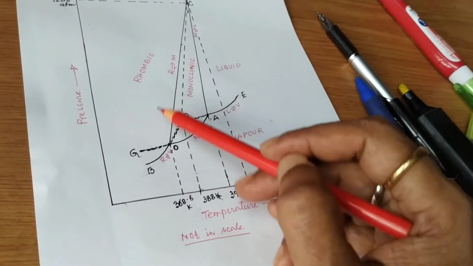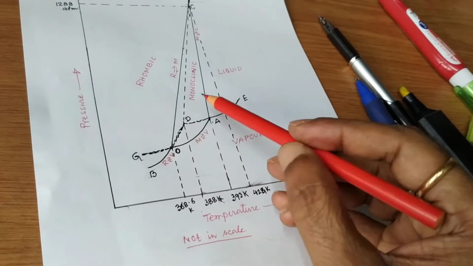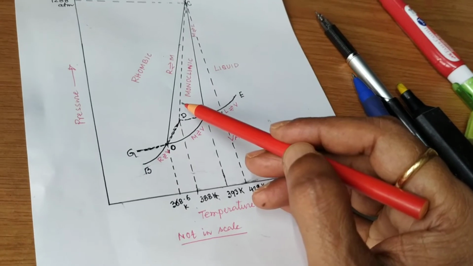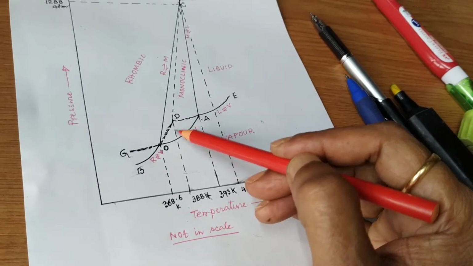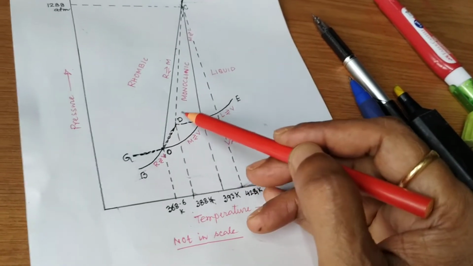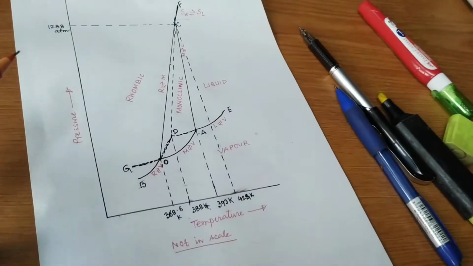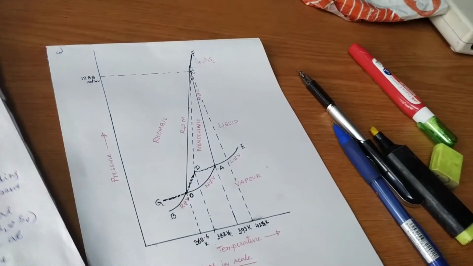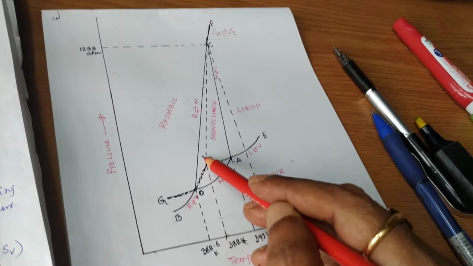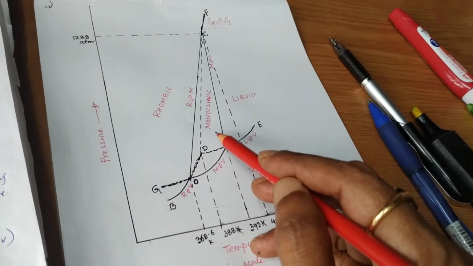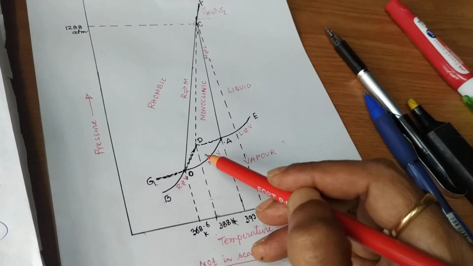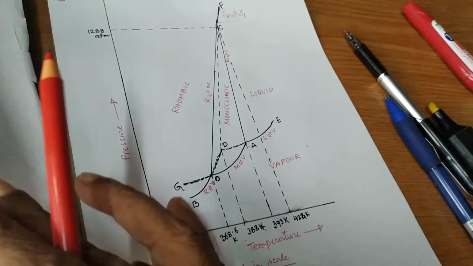If a system of SR, rhombic sulfur, at some high pressure is heated rapidly, then the transition to monoclinic sulfur might not occur on the line OC.